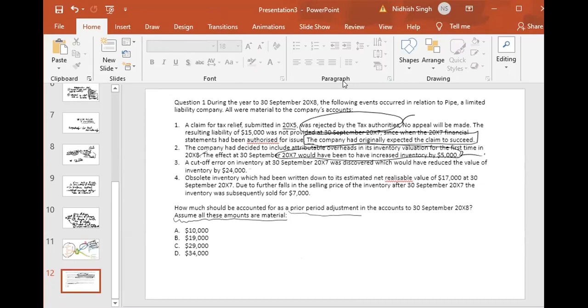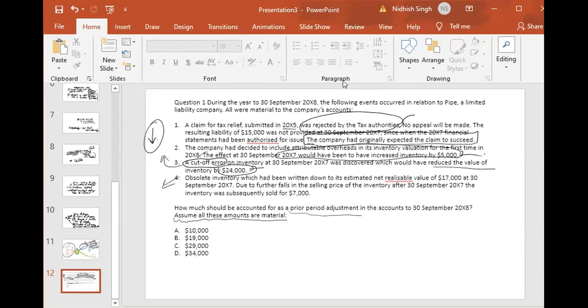A cutoff error. Look at the word error. Was discovered, which would have reduced the value of inventory by 24,000. If we had encountered this earlier, our reserve or the entire value would have gone down by 24K. Now, obsolete inventory had been written down to its estimated net realisable value.